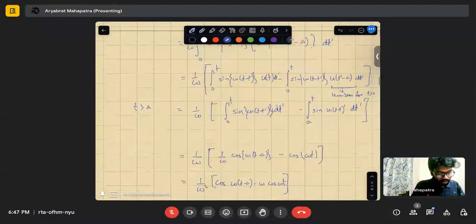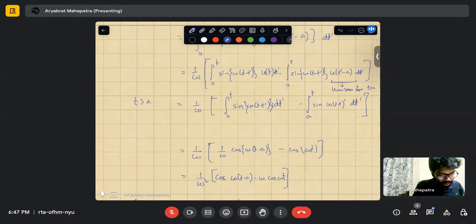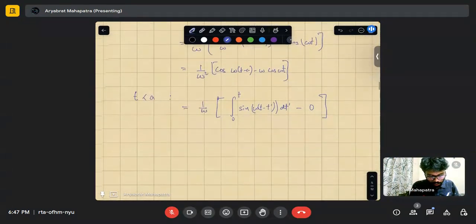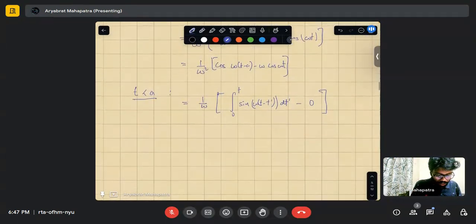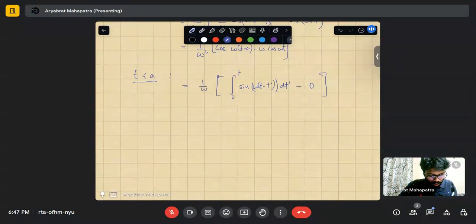The step function u of t prime minus a is 0 when you take the case t less than a, so we won't get any contribution from the second term, but the first term survives.